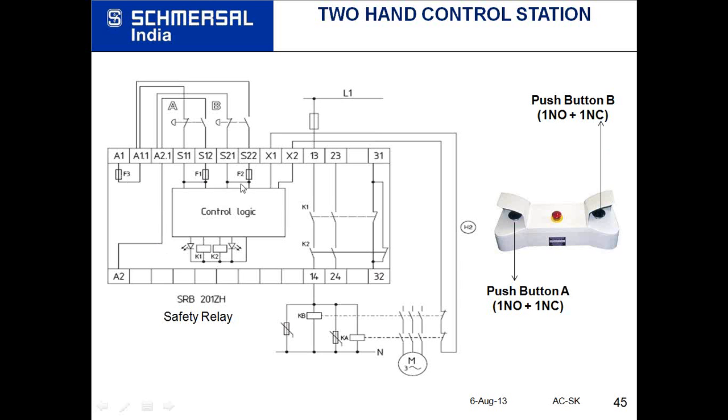This is the control logic part, and it ensures that these two push buttons are pressed within 500 milliseconds. Then only will you get an output on terminal numbers 13 and 14 to start the motor. Normally, this safety relay is not used, nor do we have this 500 millisecond gap. This should be taken care of because it is specified in the standards, and it is mandatory.